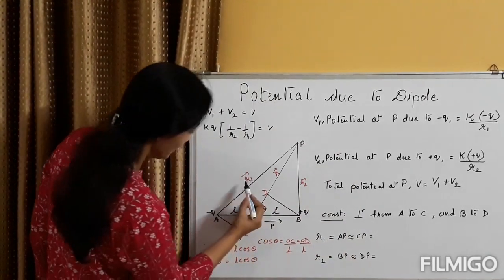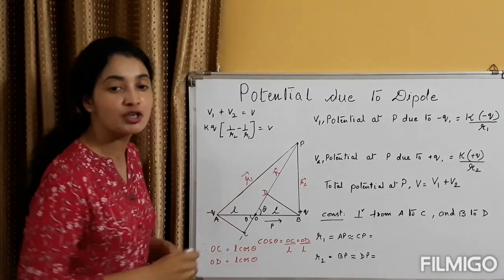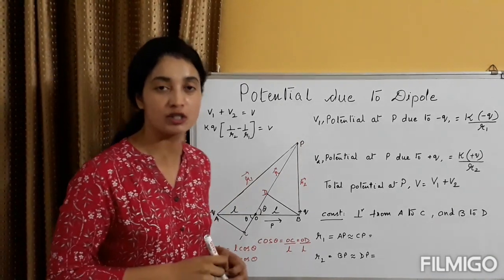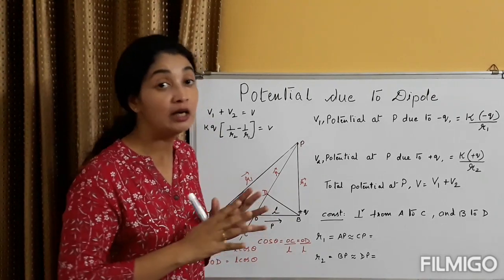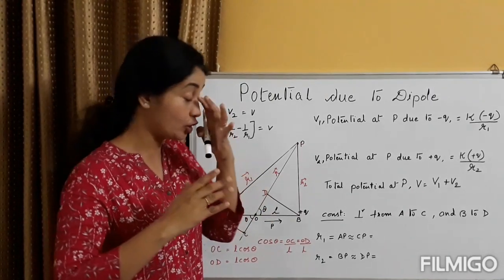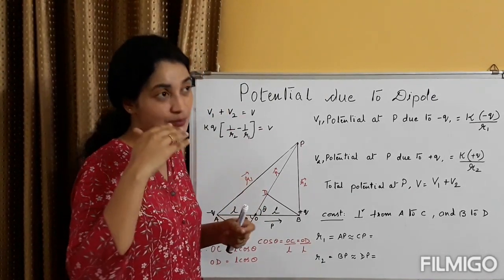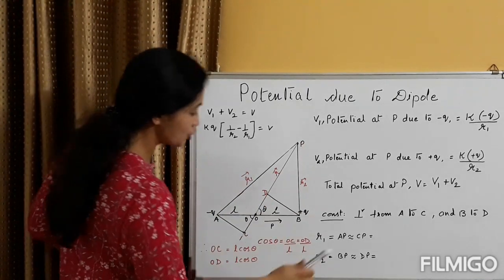Now for R1, we are using a little approximation. When and how can we use approximations? As long as your approximations do not yield an error beyond the allowed permissible error.